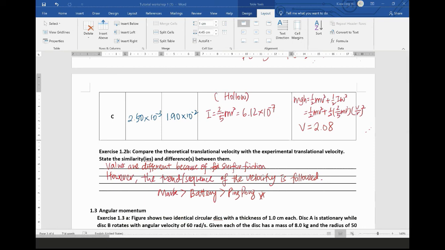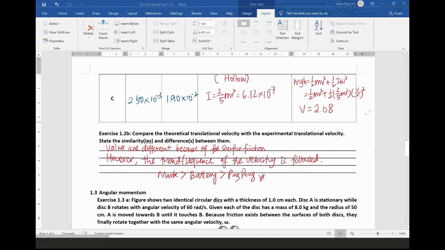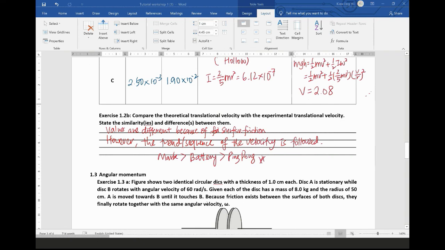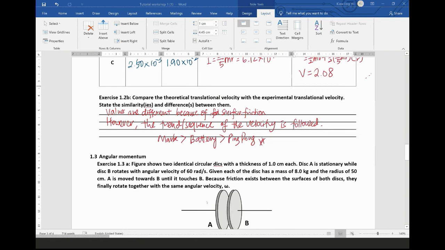Marble moves fastest, battery in the middle, and ping pong the slowest. Any question up to here? We are ending our tutorial soon. The last part is the angular momentum.